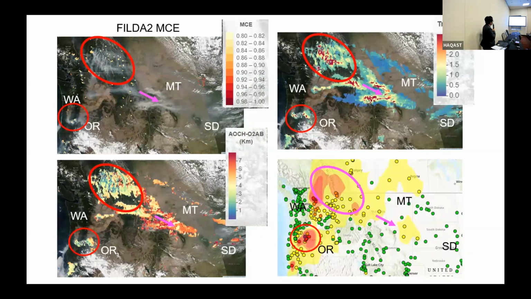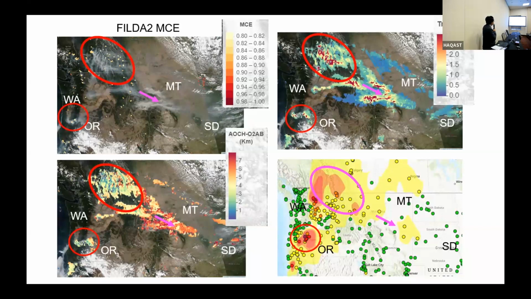However, on the lower left, what I'm showing here is our own retrieval of the aerosol layer height. I call it the aerosol optical center height. That tells you how high the smoke plume is. What you see in the circles in red is that the smoke plumes are generally below 3 kilometers. That corresponds very well to the air quality now, which shows where the air quality is in unhealthy condition.